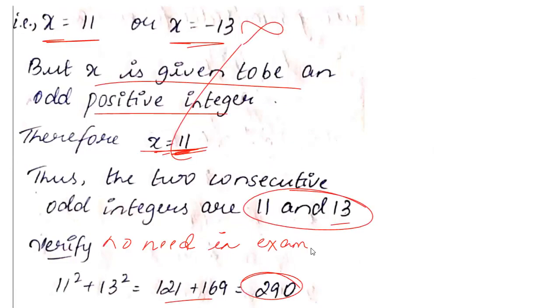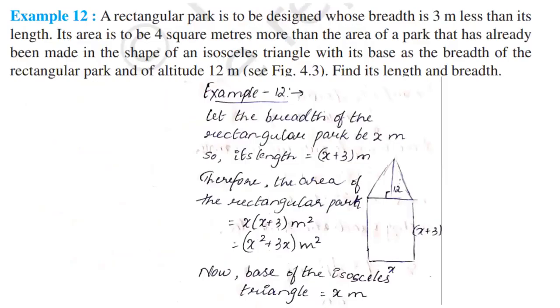Okay. Let's move ahead further with question number 12. A rectangular park is designed whose breadth is 3 meters less than its length.